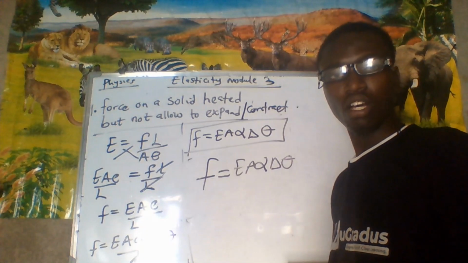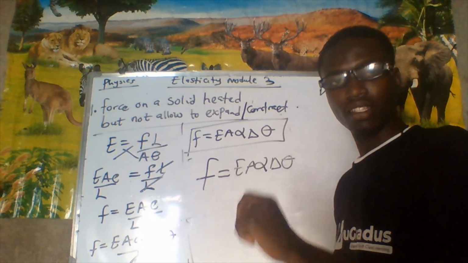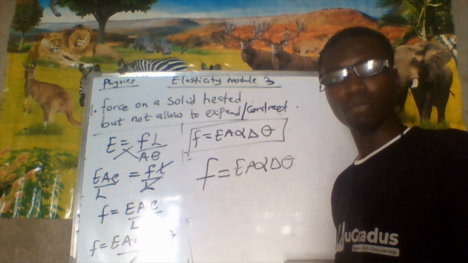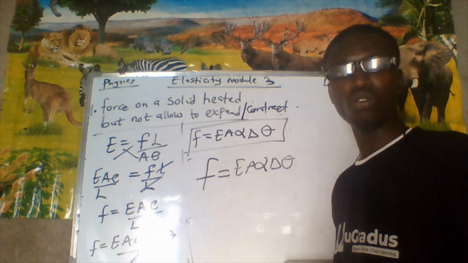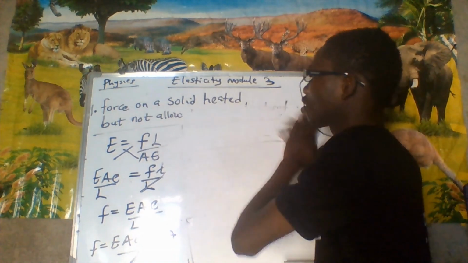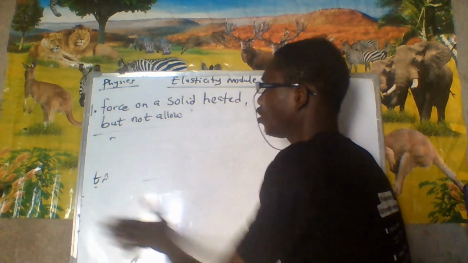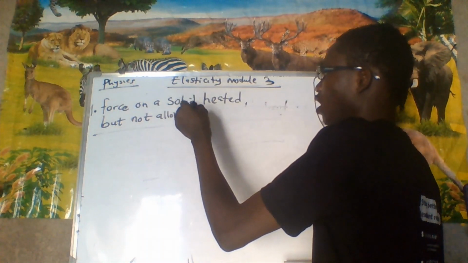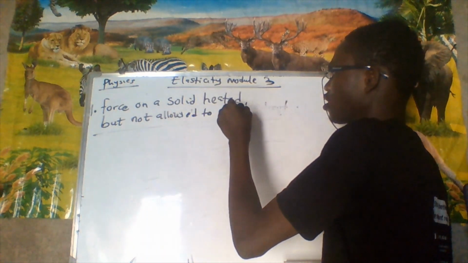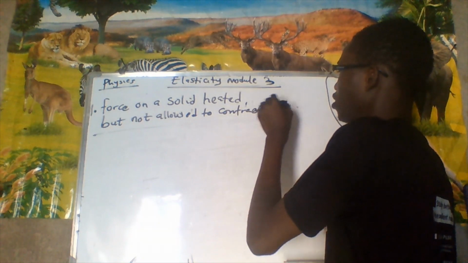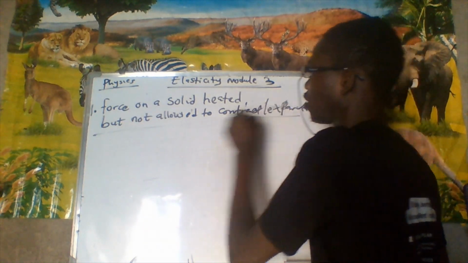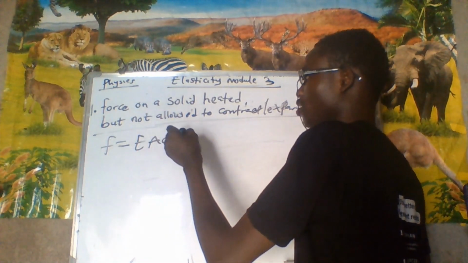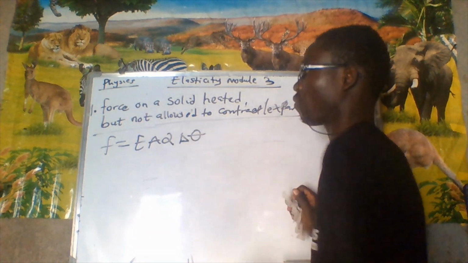You can pause the video and write it by yourself, so that you can know if you have mastered it. Please don't forget, F equals EA expansivity change in theta.